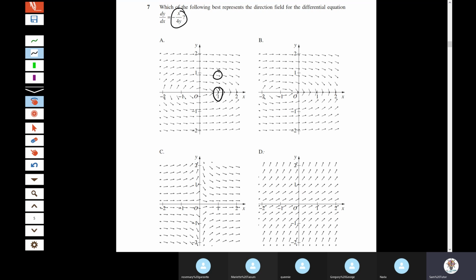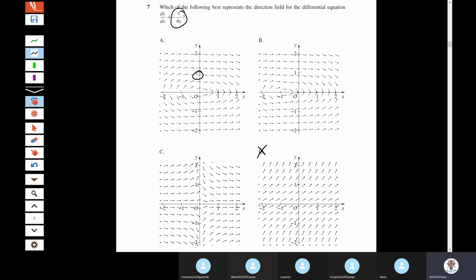At 1, 1, this is wrong. At 1, 1, this is technically right as well. So right now we could have only knocked off D. What's another one that differentiates these? Well, maybe at x equals 0, y equals 1.